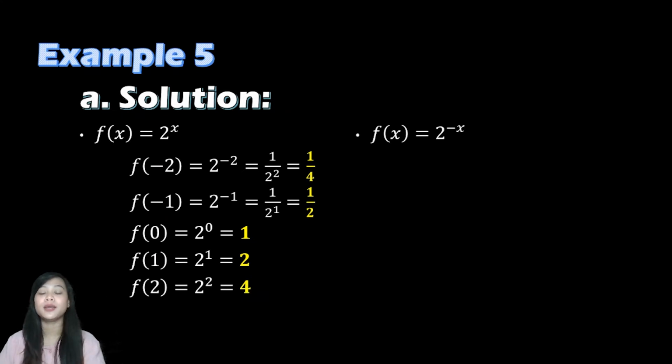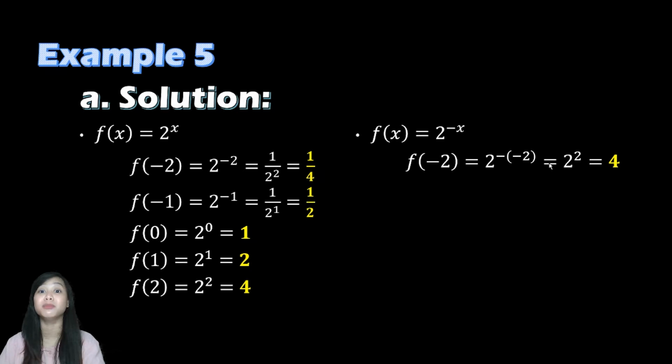For y equals f of x equals 2 raised to negative x, using the domain negative 2 to positive 2, we have f of negative 2 equals 2 raised to negative 2, with negative 2 as your x. So we have 2 raised to negative negative 2.